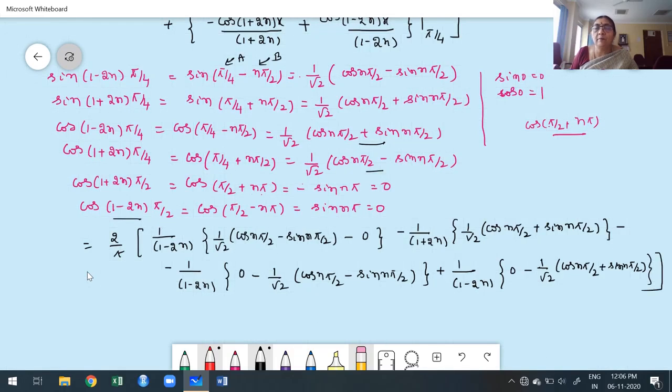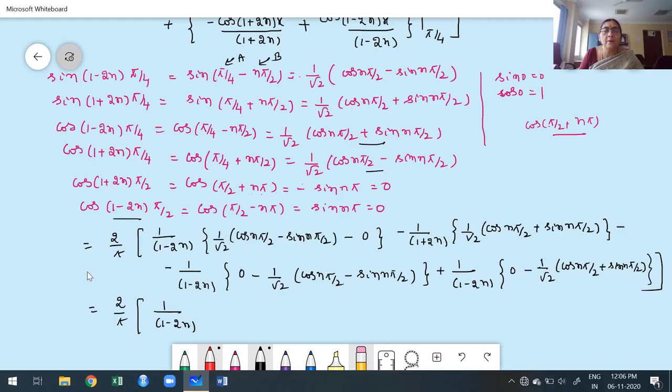Simplify further. Now 2 by pi. Collect the terms having 1 by 1 minus 2n: 1 by 1 minus 2n into 1 by root 2 into cos of n pi by 2. Observe carefully, from these two terms, what is the common factor?